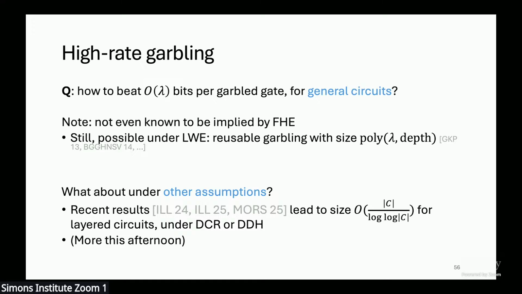The lambda, where did the lambda saving come from? I guess it's just in this work. You're saying for LWE, you can get a log, and for this, you can basically get a little bit more than lambda. Yeah, so with LWE you have poly in lambda, but now just in circuit depth, which is a big saving, right?